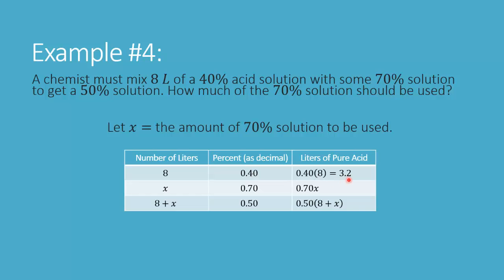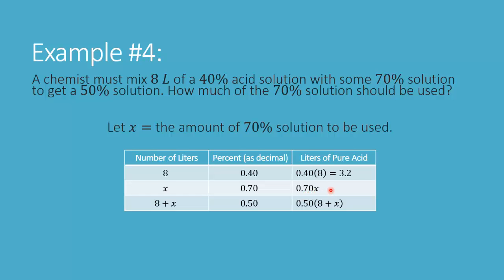So the amount of pure acid in these 8 liters is 40% of 8, or 3.2 liters. Now we have some solution of x. We don't know how much it is yet, but we know it's a 70% solution. So the amount of acid in this must be 70% of x, or 0.70 times x.